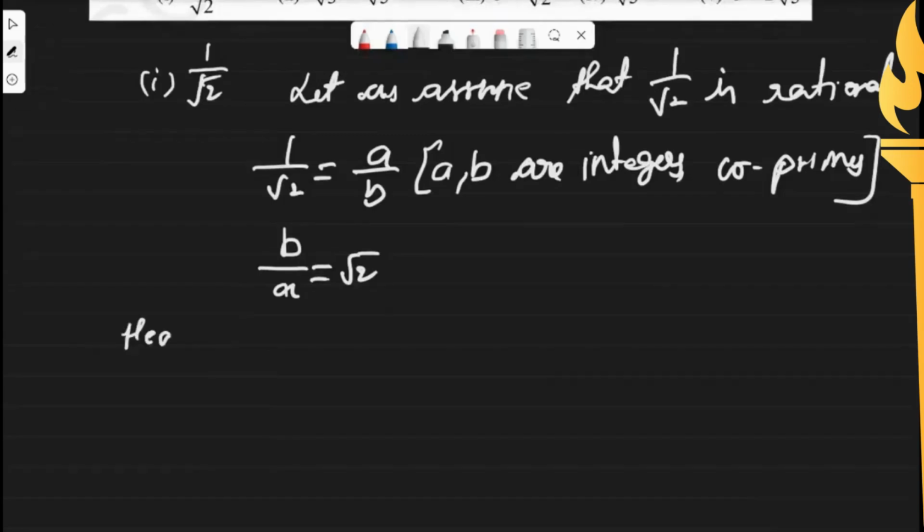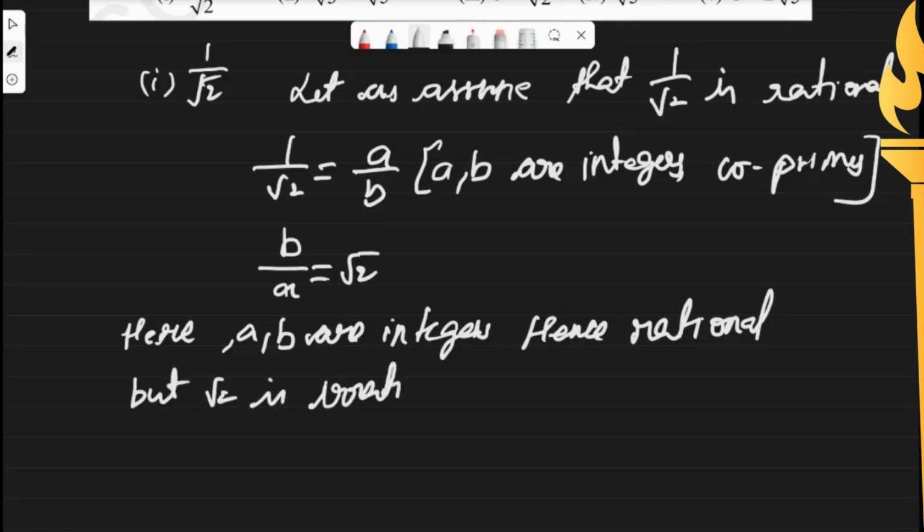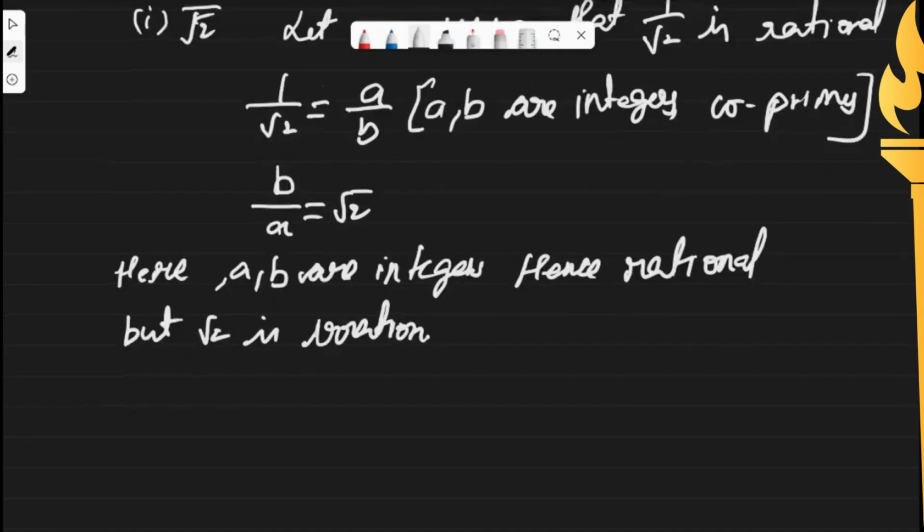Here, I mean here, a and b are integers, hence rational. But root 2 is irrational. A rational number cannot be equal to an irrational number.